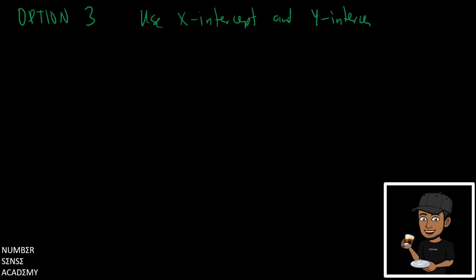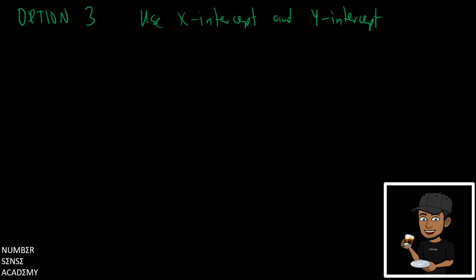So our final option is option 3, and this is to use the x-intercept and the y-intercept to graph the line.